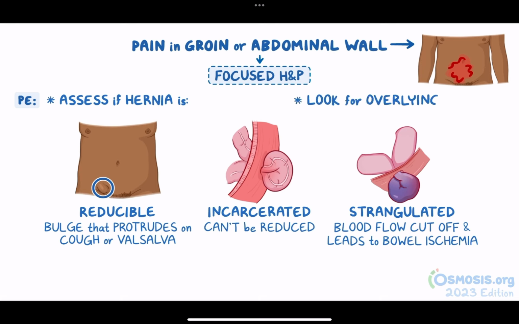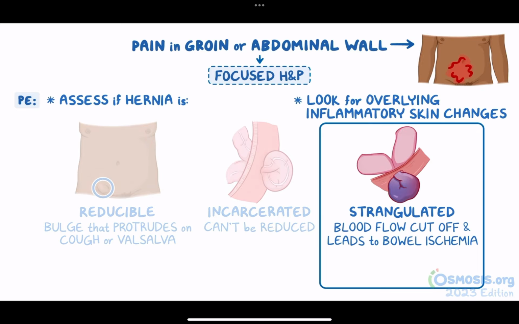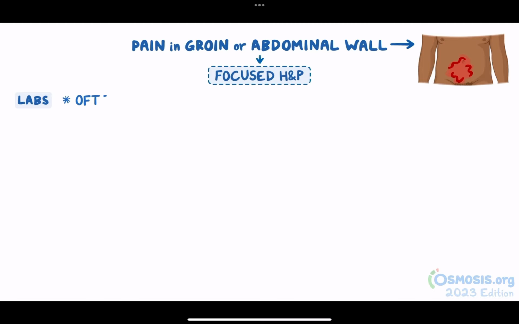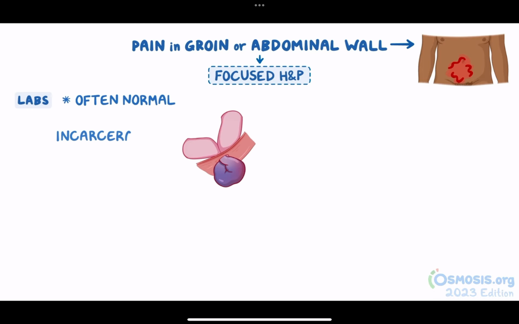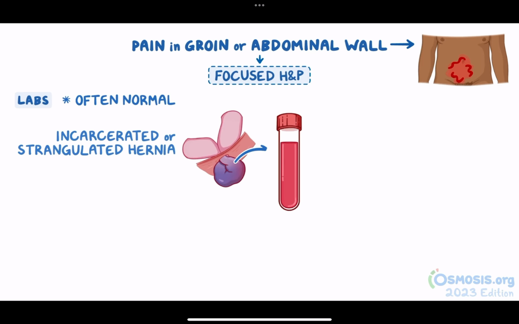Remember to look for overlying inflammatory skin changes like redness during your exam, which should make you concerned for strangulated hernia and needs emergent surgical consult. Lab tests are often normal, while patients with an incarcerated or strangulated hernia may develop lactic acidosis from bowel ischemia.